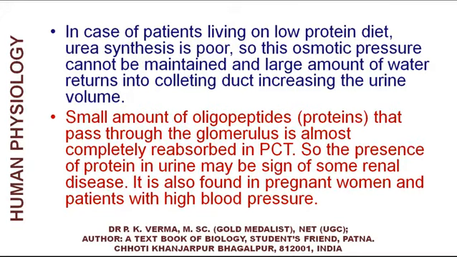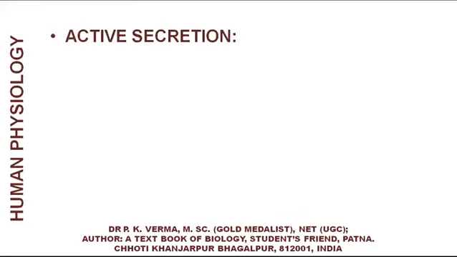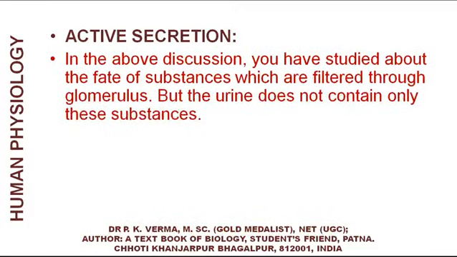So, the presence of protein in urine may be a sign of some renal disease. It is also found in pregnant women and patients with high blood pressure. Because of the high blood pressure, some albuminous proteins are secreted through glomerular filtration.